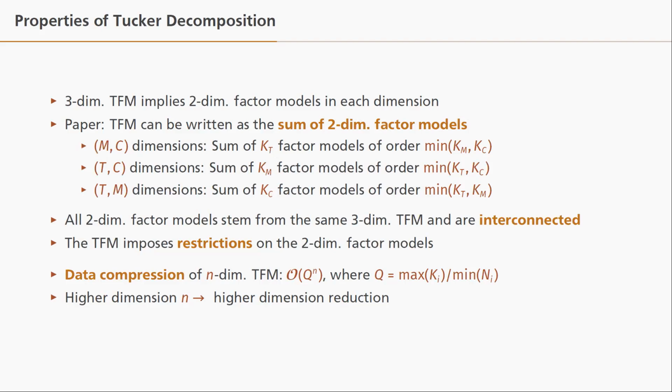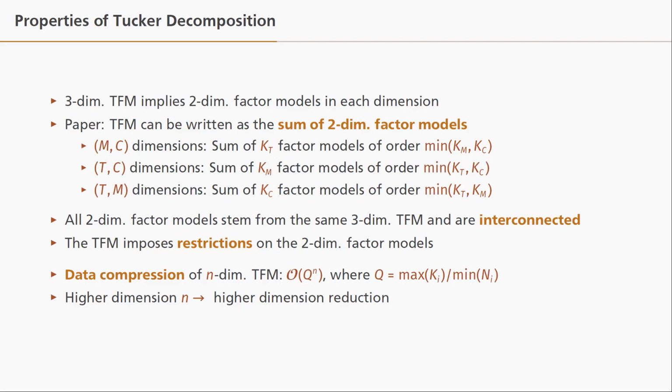Instead of having to estimate all of these separately, you estimate the three-dimensional structure, and it implies a two-dimensional representation in each of the dimensions. And they're restricted, and they're interconnected. So that's an advantage of the Tucker decomposition. We can bring it back to the familiar two-dimensional representation.